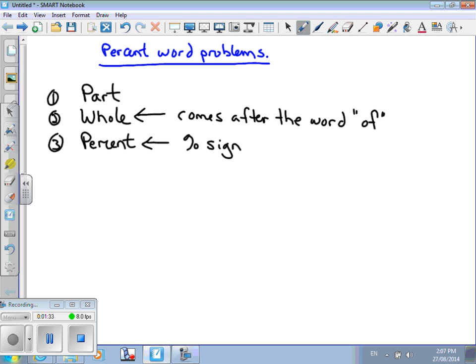Now, in a few cases, the word of won't be there, but you'll be able to pick it out by the fact that it is the whole amount or the whole thing. I'll give you a few examples in a minute. And the part is the piece of the whole.